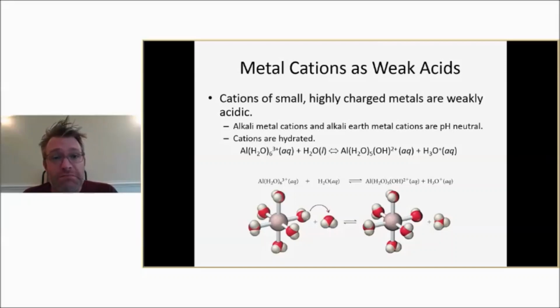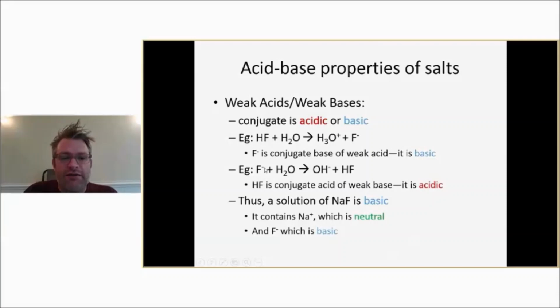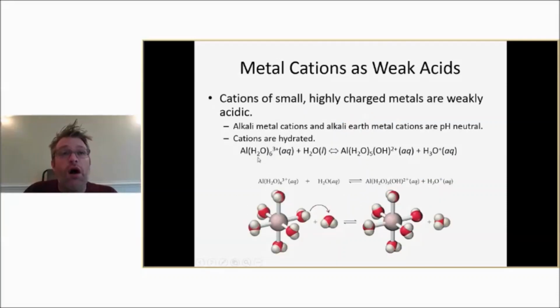But transition metal cations, as well as aluminum, or things like iron, cobalt, lead, I believe, might also be in this category. All of these metallic ions are weakly acidic because they interact with H2O, okay, and as we're going to find out later, this is actually a Lewis acid-base interaction that produces a complex ion.